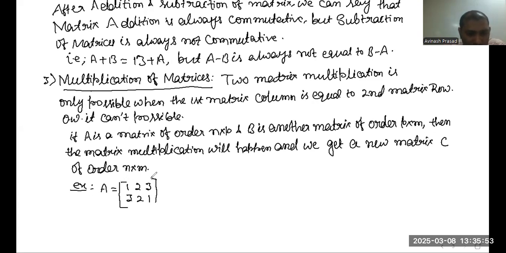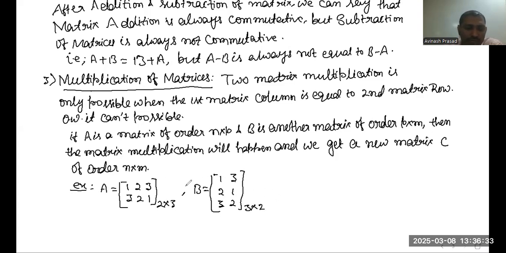Here the number of rows is 2 and the number of columns is 3. B is another matrix of elements 1, 3, 2, 1, 3, 2, whose order is 3 cross 2. There are 3 rows and 2 columns.